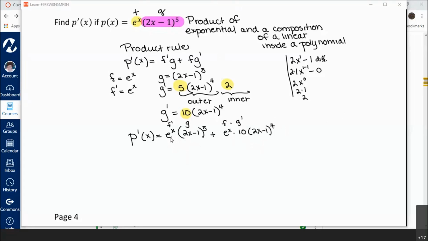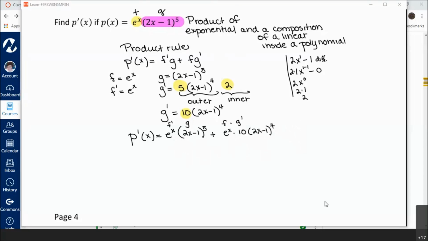Some people would continue to simplify saying, hey, I can take out an e to the x from both of these terms, and I can also take out 4 of the quantity in parentheses. So this can be simplified further. Okay? But I'm going to skip the algebra. This is the calculus step. Anybody questions on this?